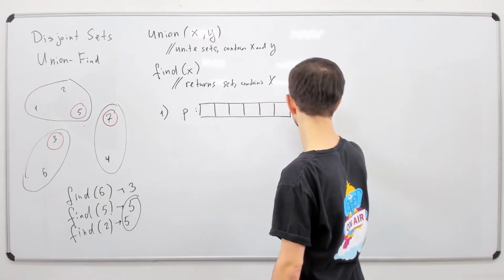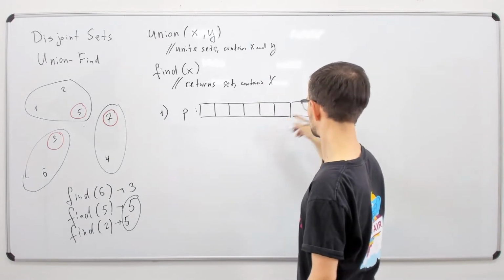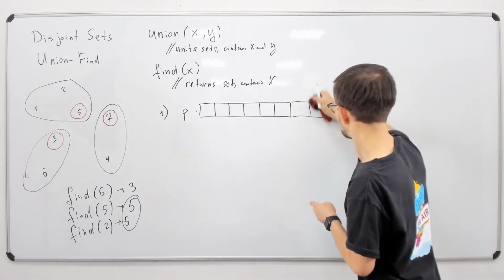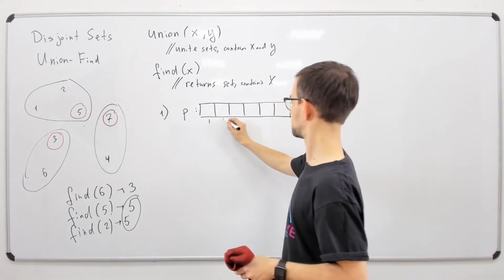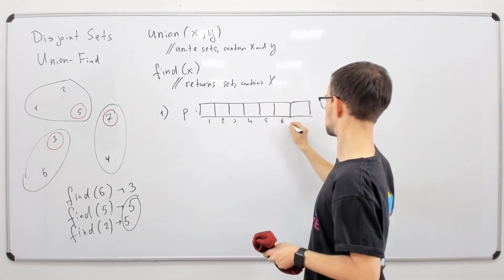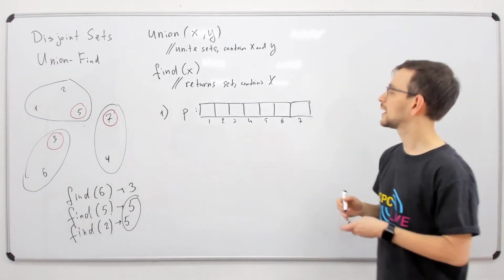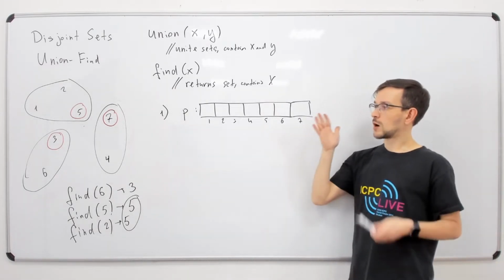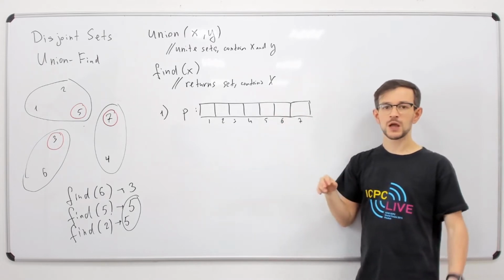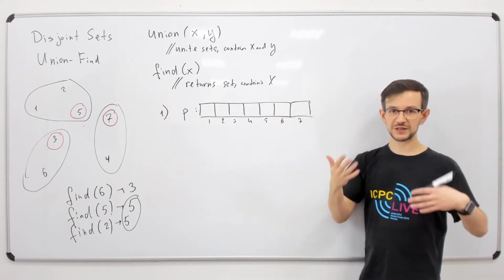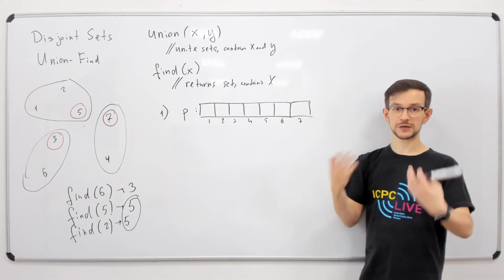So we make an array of size n, and for each element of the array, we will maintain the representative of the set which contains element x.